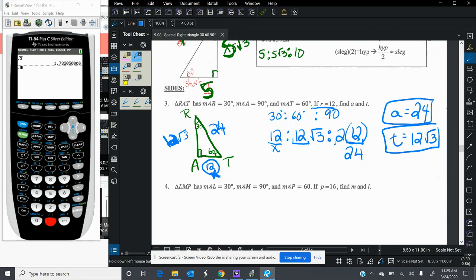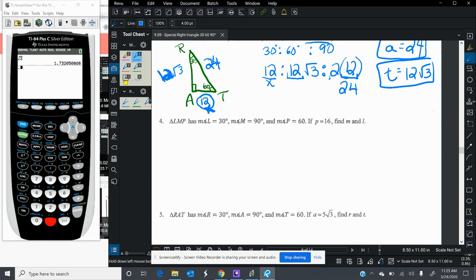Moving down to exercise 4. I'm going to start this example by drawing in my picture, seeing I have my 30, 60, and 90. I'm sorry, my drawings are a little crazy today. There we go. So L is our 30-degree angle. We're going to put that up top. M is 90, and T is the 60-degree.